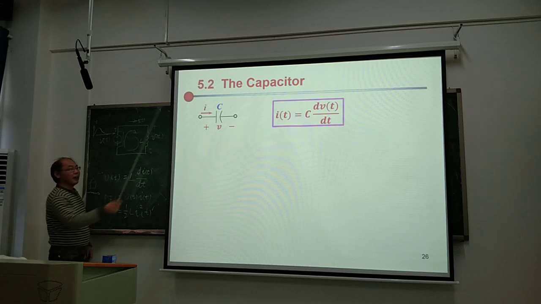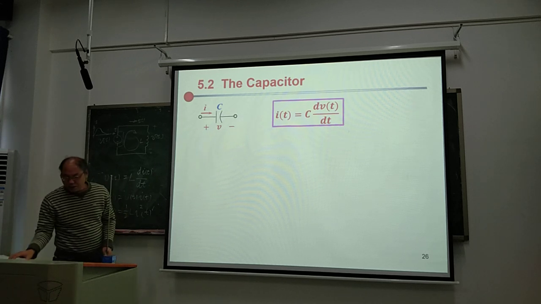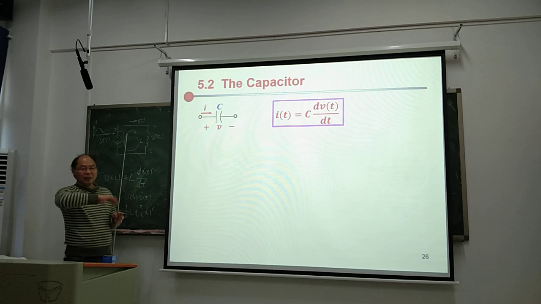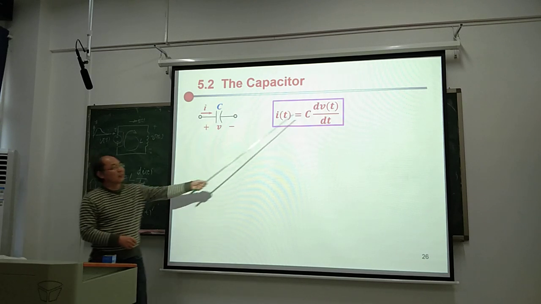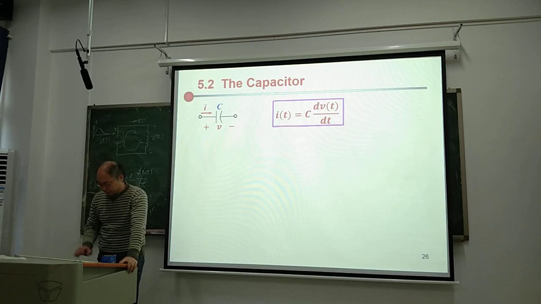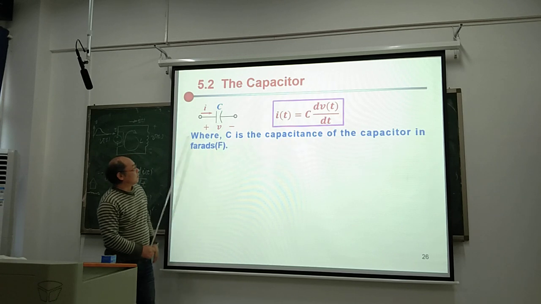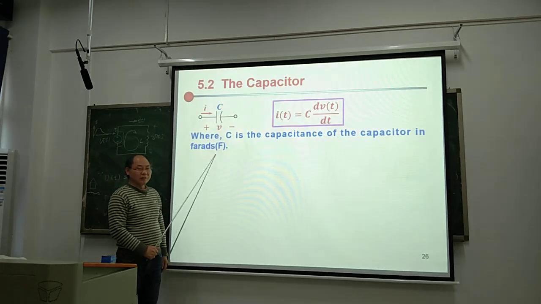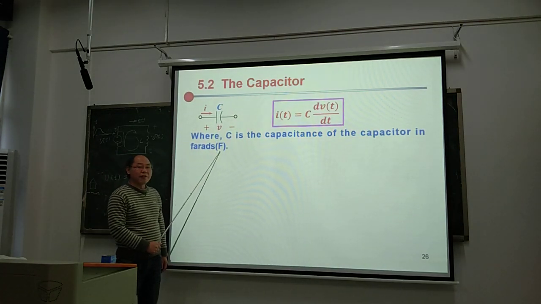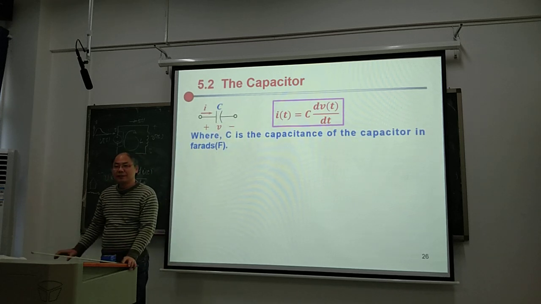This and this are similar, but the relationship is opposite. This is the voltage and this is the current. So for this formula, C is the capacitance of the capacitor. Its unit is the farad, F. So this is very big.